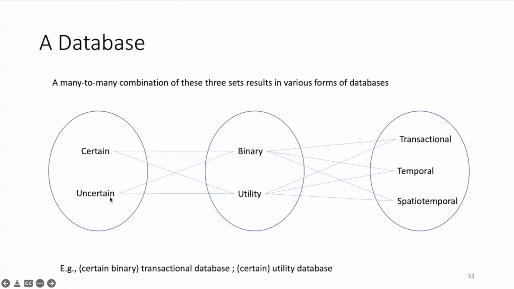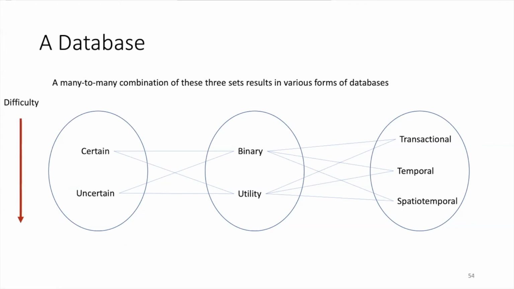Similarly, we have uncertain binary transactional, uncertain binary temporal, uncertain binary spatio-temporal. Similarly, we have certain utility transactional and so on. So all these combinations are the forms in which we will be generating the data.